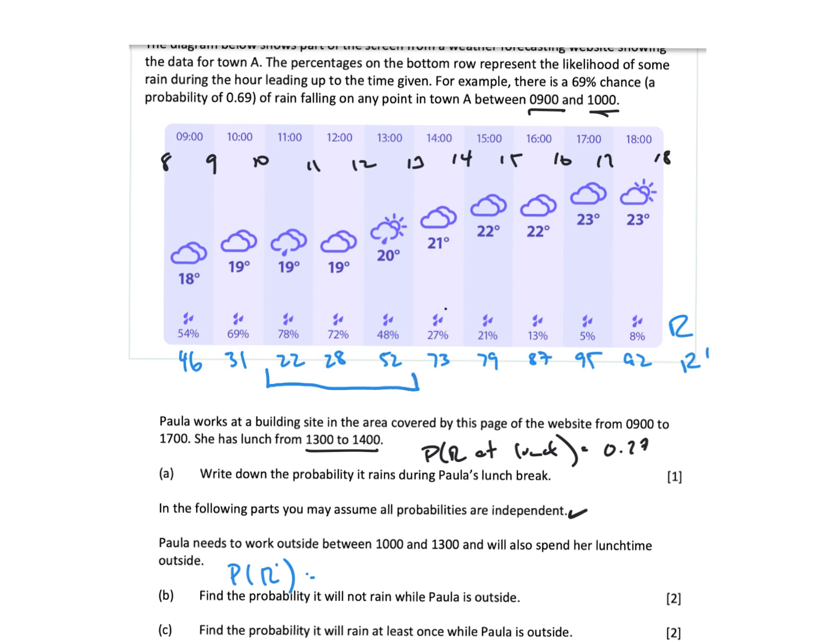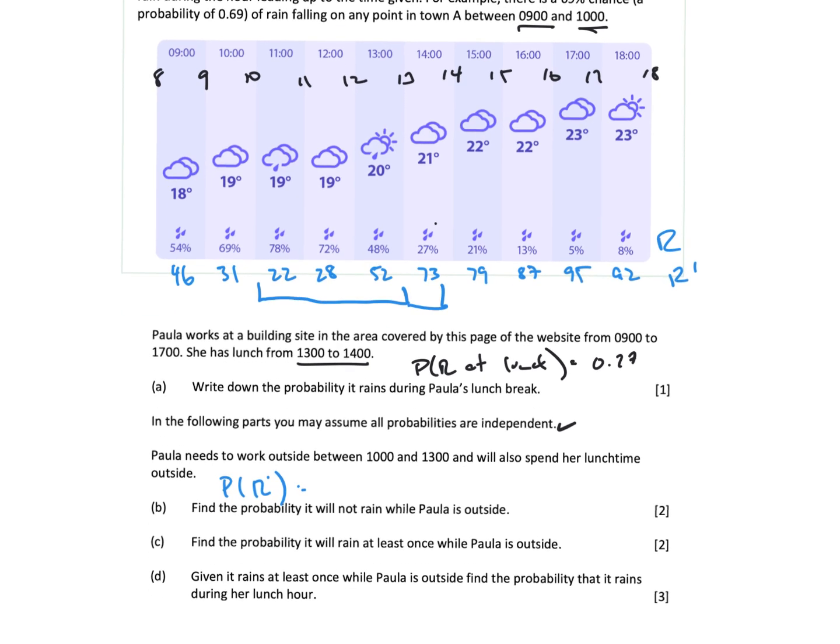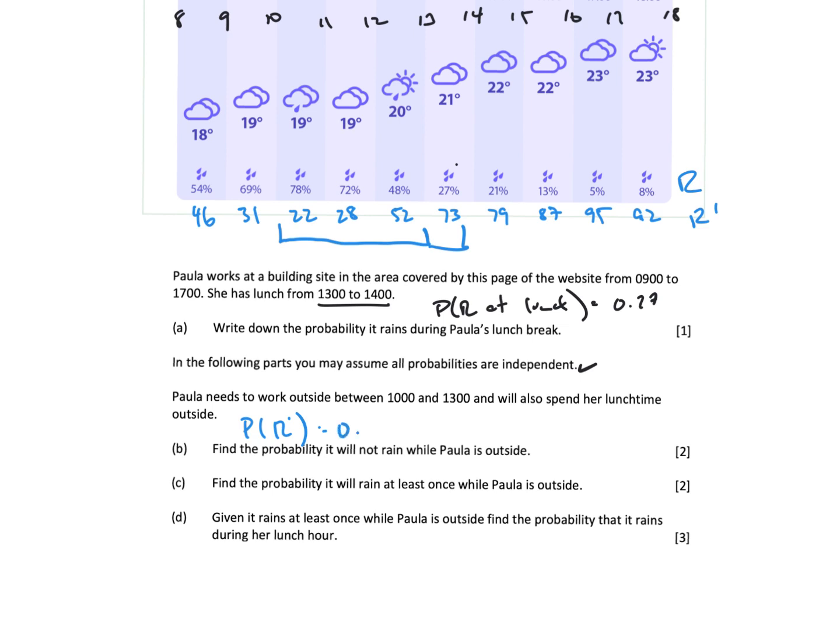And then she has her lunch from here to here. So it's going to be those 4 probabilities multiplied. So that's going to be 0.2 times 0.28 times 0.52 times 0.73. And if I multiply those all together, I get 0.0234 is the probability.